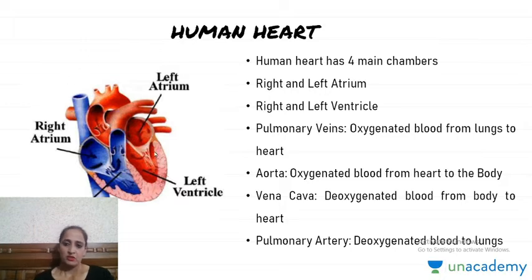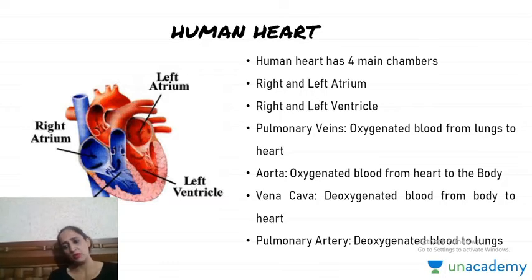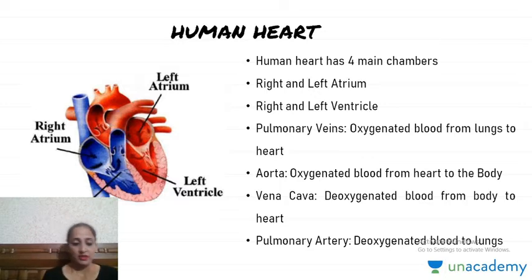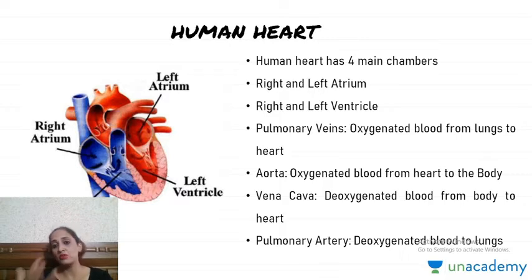As we know, we have oxygenated blood and deoxygenated blood. Oxygenated blood we call pure blood, and impure blood is blood where our body has used the oxygen, which we call deoxygenated blood.